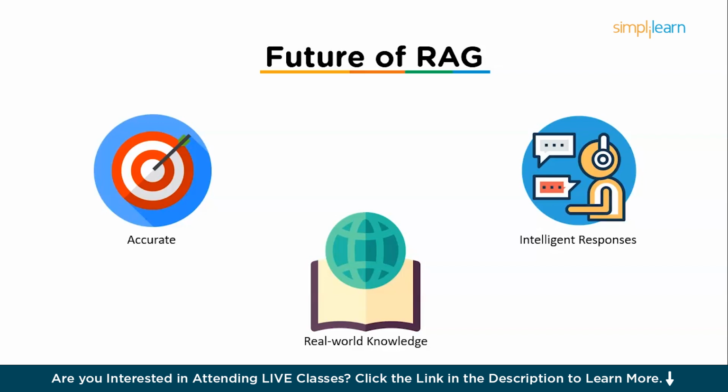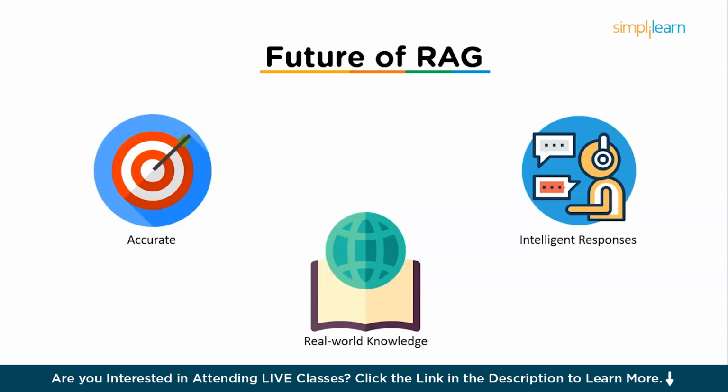So guys, congratulations on completing the RAG for Beginners course. You have now built a strong foundation in Retrieval-Augmented Generation by learning what RAG is, why it matters, and how it powers real-world applications.